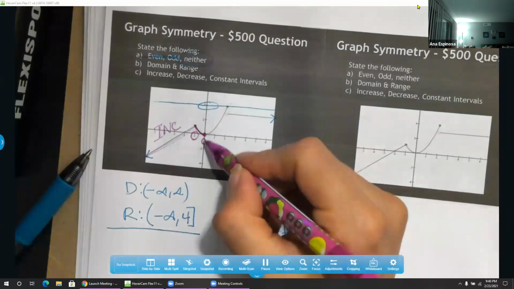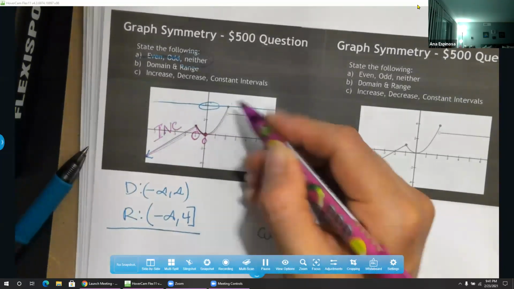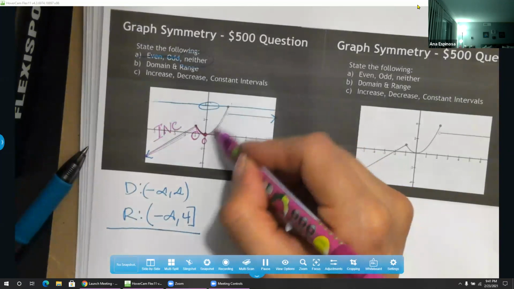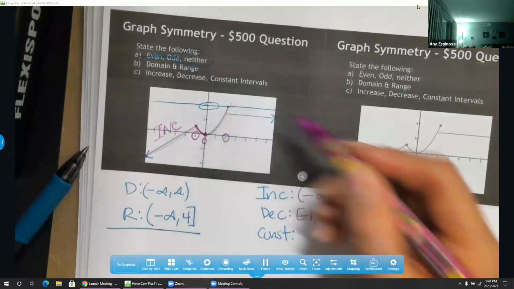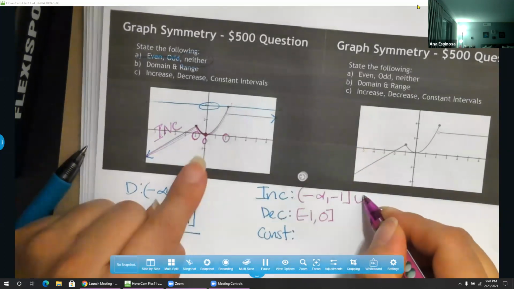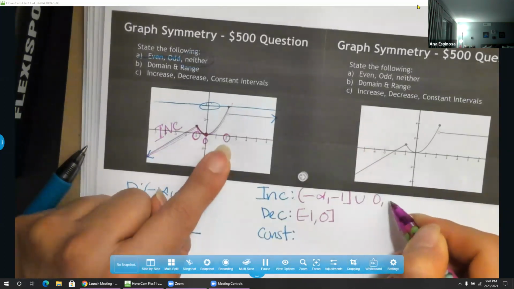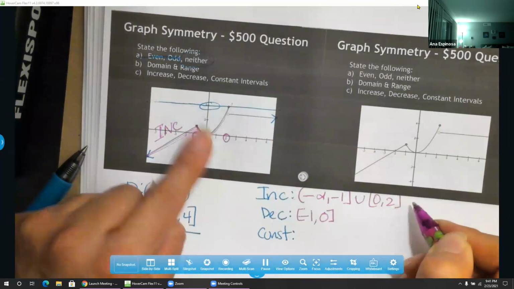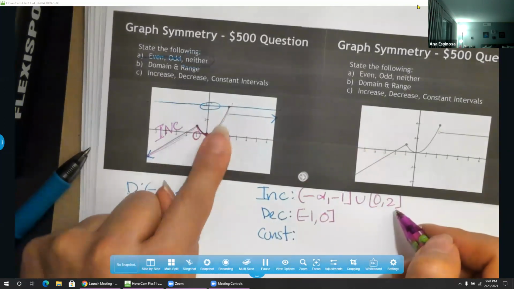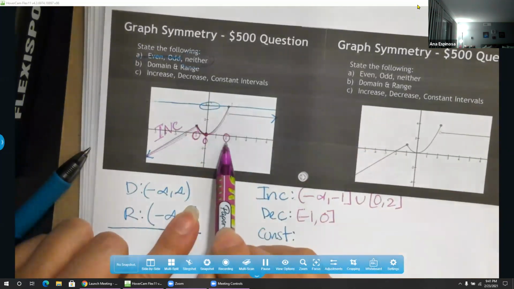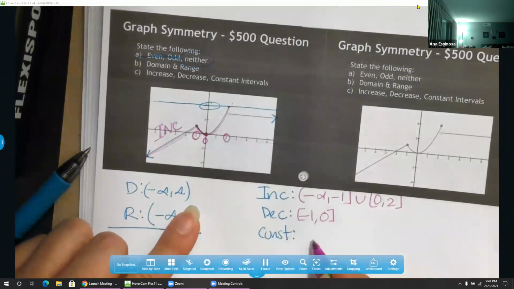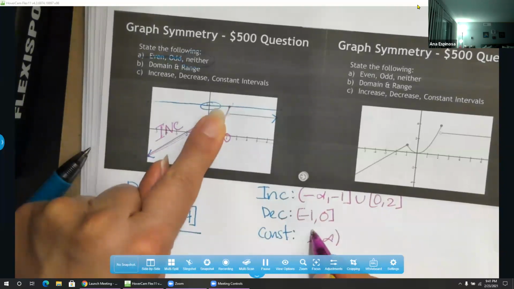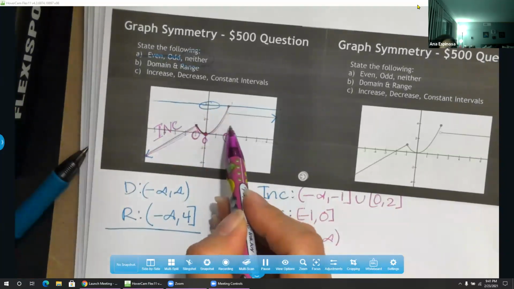Okay, then from 0 to that number, which is 2, those x values from 0 to 2, it's going to increase. So then I put union 0, comma 2. Okay, from 0 to 2, it's going to increase. And then from 2 all the way to infinity, it's going to be constant. So when I put constant, I put 2 to infinity, but I have to put a parenthesis because that's a hole.